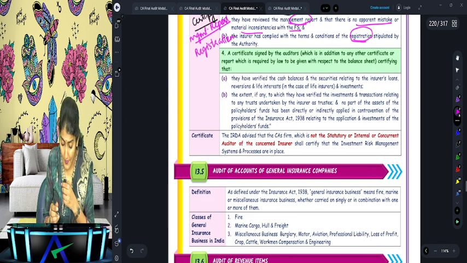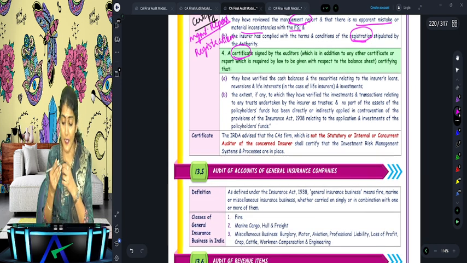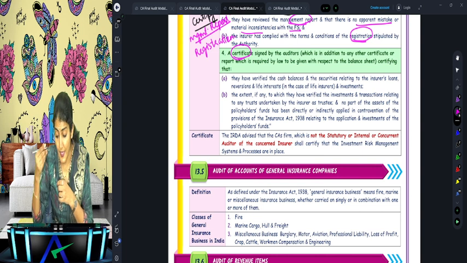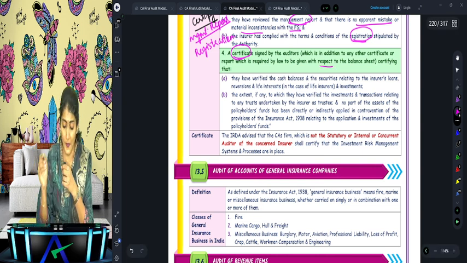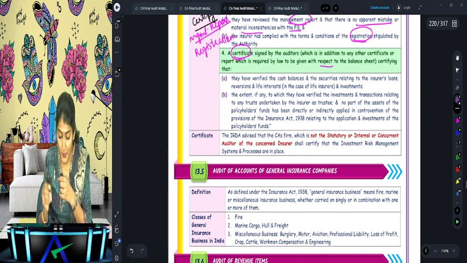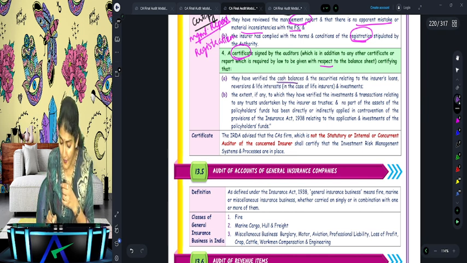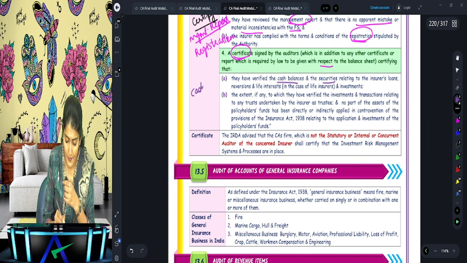Then it also says that in addition to that, one more certificate has to be signed by the auditor, in addition to any other certificate or report which is required by law to be given with respect to the balance sheet. So what is this one more certificate regarding? They have verified the cash balances and the securities, right?